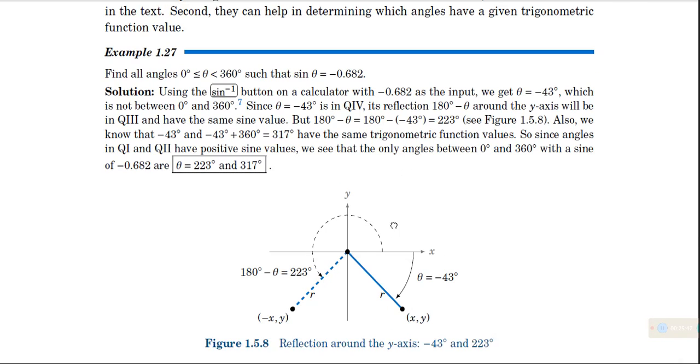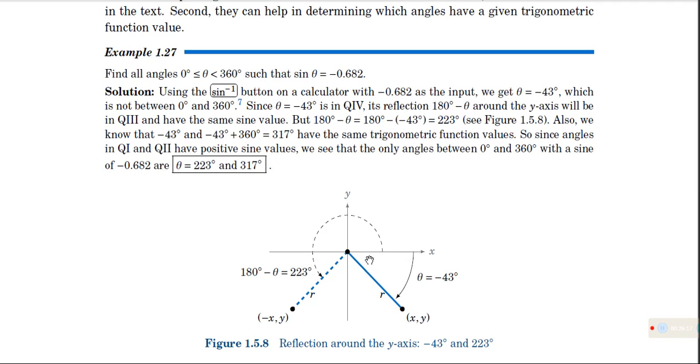Okay. So, ito siya. Kapag i-rotate mo siya ng 90 degrees, nandito ka na sa kabila. Mapupunta ka dito. Right? So, since theta is equal to negative 43, which is in quadrant 4, its reflection 180 minus theta around the y-axis will be in quadrant 3.